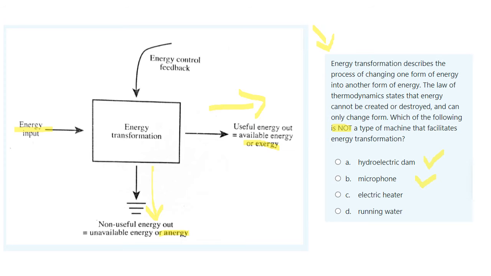Electric heater. Well, it's kind of there. Electricity is changed into heat energy. Running water. Well, running water does have energy because it's moving, so there's kinetic energy. But running water, that's not a machine. We are asked for a type of machine. And running water is not changing, it's staying as kinetic energy. So D is the correct answer.